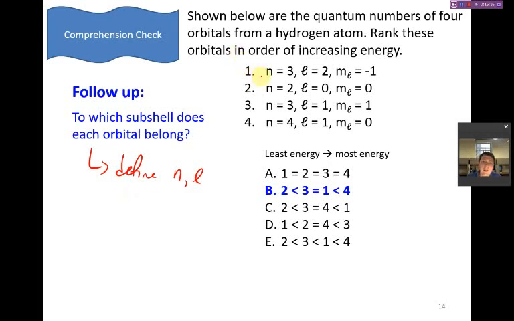Hopefully, by looking at this, you were able to pair these up. When L equals 2, that's a d orbital, so that gets us a 3d subshell. When L equals 0, that is an s orbital, so that's a 2s subshell. When L equals 1, that is a p-type orbital, and so that would be a 3p and then a 4p type orbital.